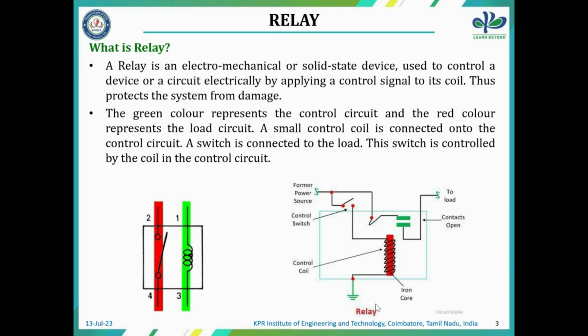If we connect the control switch from the source to the coil, it will induce some energy around the coil. When the coil is energized, it attracts the nearby electromechanical switch contacts placed close to it. So there is a small control coil connected in this control circuit.